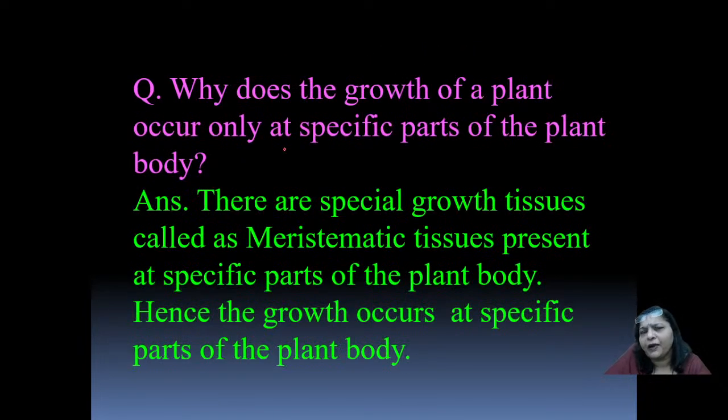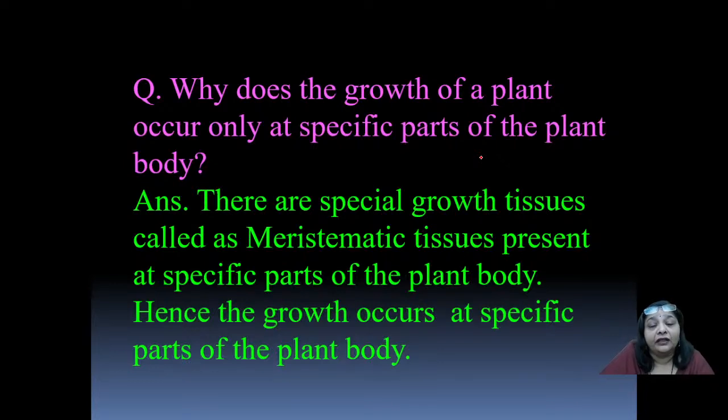Why does the growth of a plant occur only at specific parts? Yes, you must have seen that the plant grows at certain points, like at the tip of the stem, tip of the roots. They show the growth. But why does this happen?